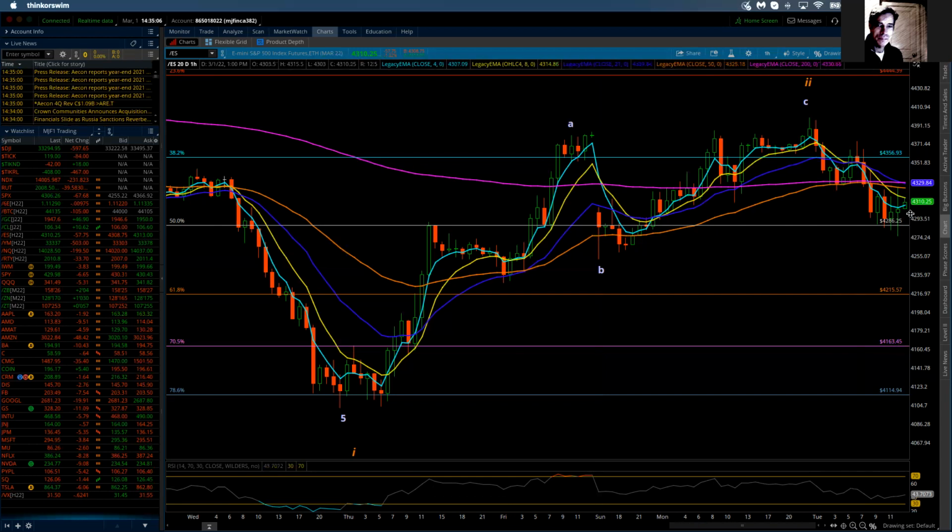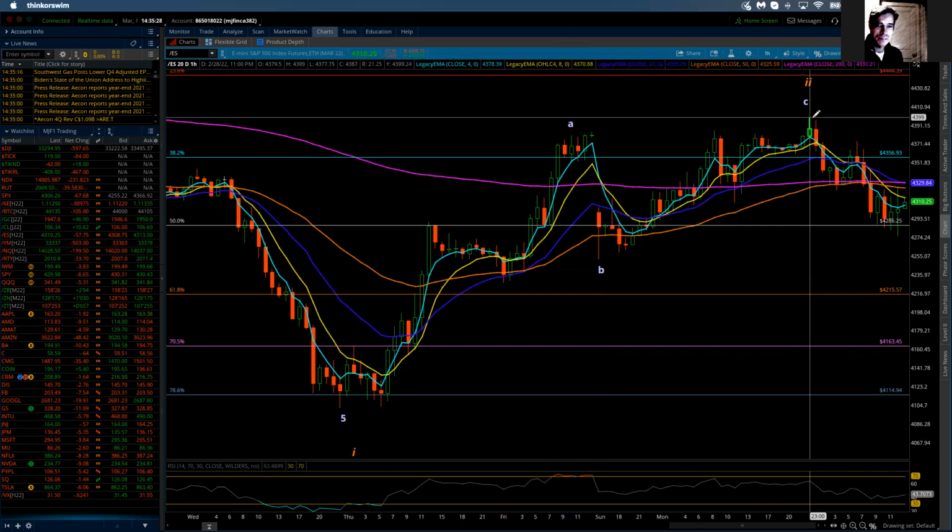Look for a rally back up and then an additional slide. Once this minute wave 2 would be complete, then it's minute 3, and that's the 3 of the 3 of the 3. It's a very large segment that's going to push and push and push. So we'll be looking for that.